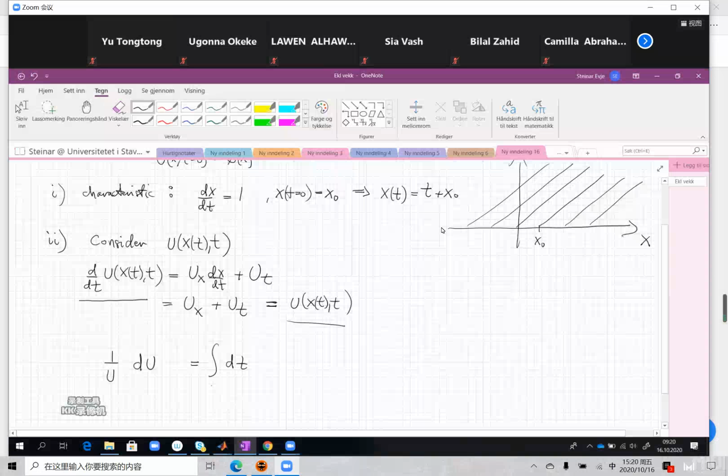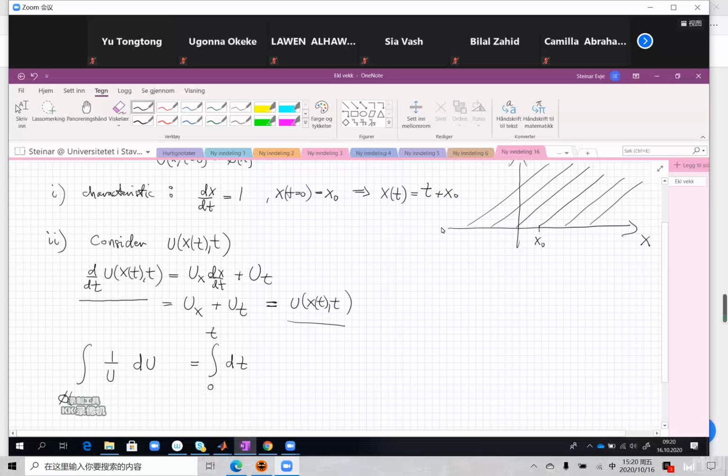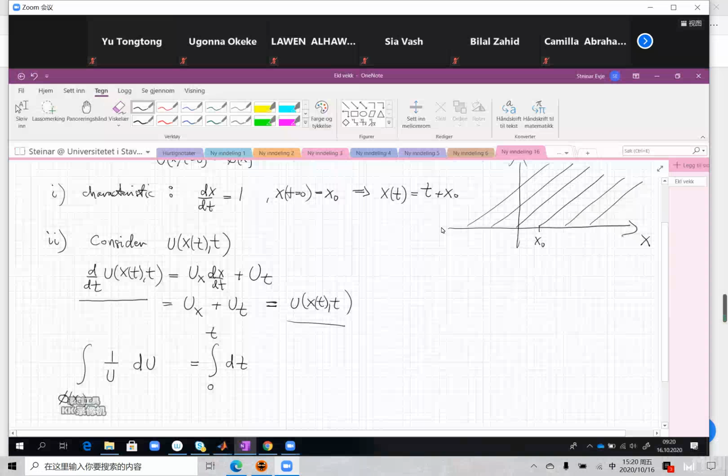And we integrate from 0 to t, and the corresponding integration with respect to u is from φ(x0), because that is what comes out when we consider u at time 0.